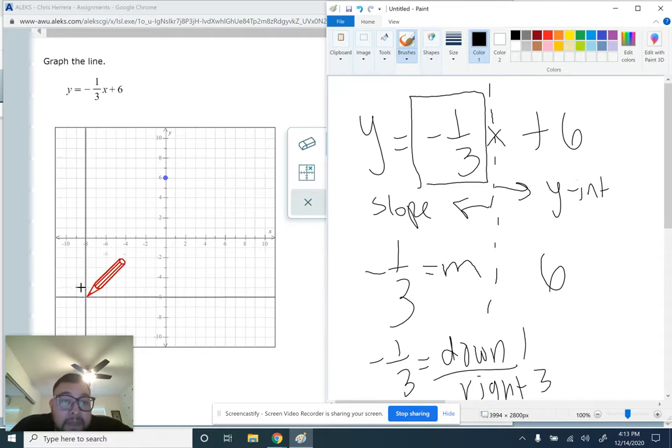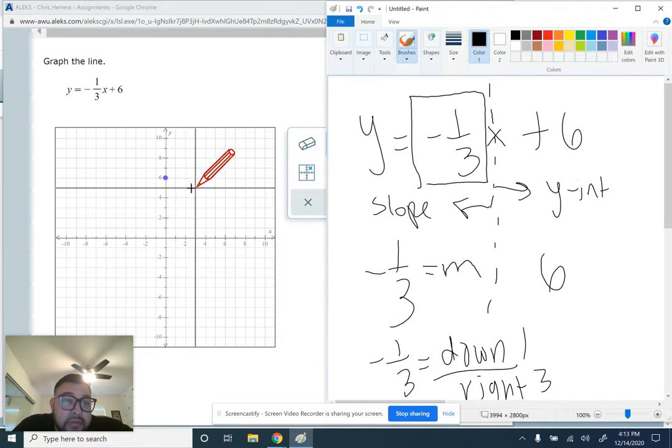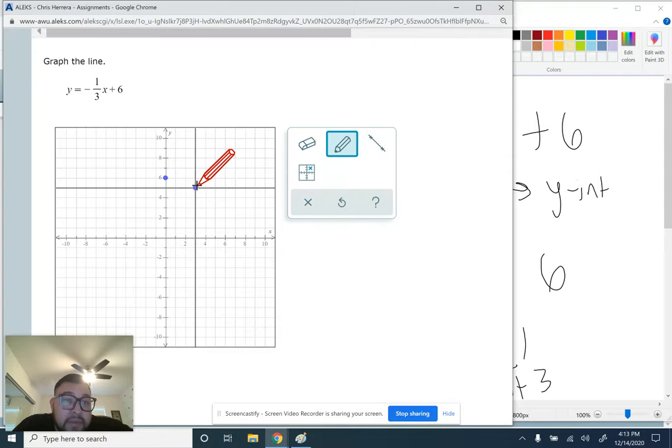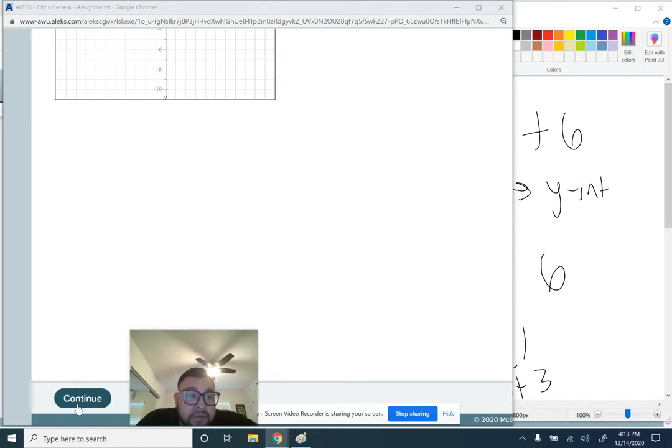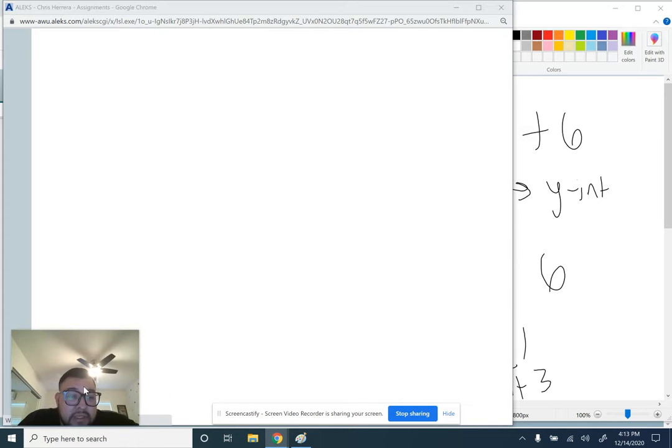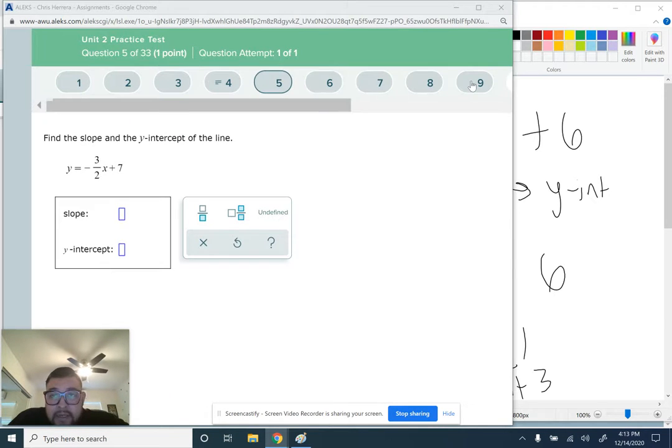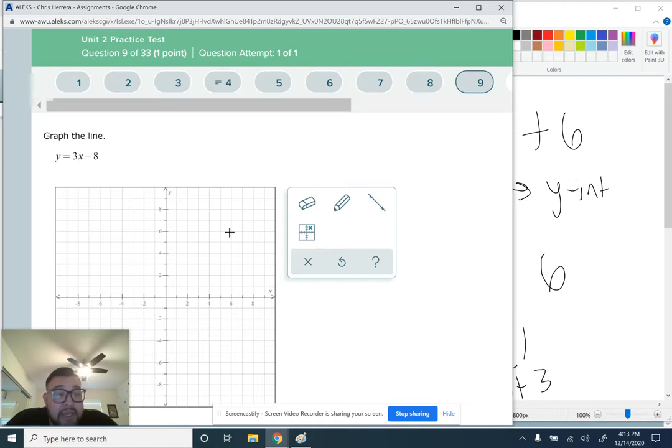So from my starting point, which is my y-intercept, I go down 1 and then I go right 3. 1, 2, 3. I plot this point, and guys, that's it. That's all you have to do. That's all we do. Continue that. Easy money.